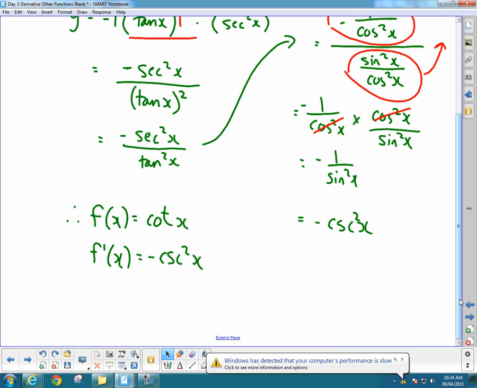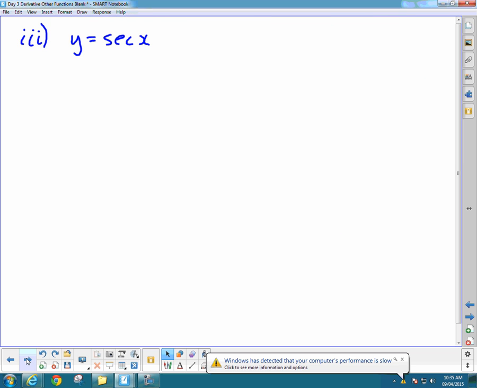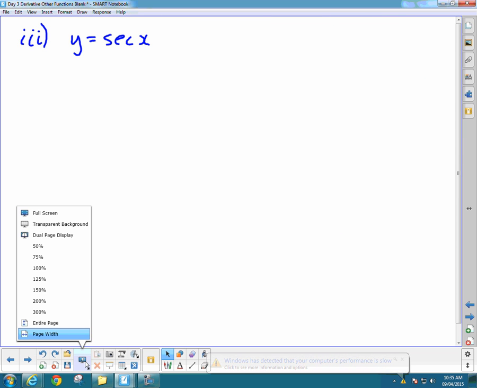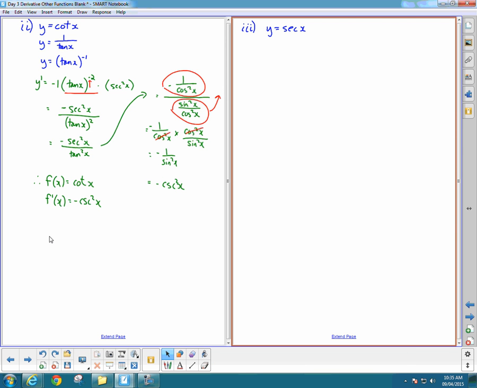What I'm going to leave for you now is to try to use the same process to figure out not just secant, but also cosecant. Secant is the reciprocal of cosine. So we can call this 1 over cos x, or change it to cos x to the negative 1.